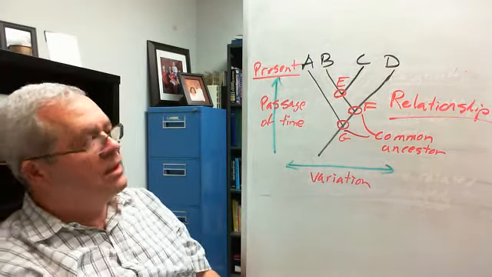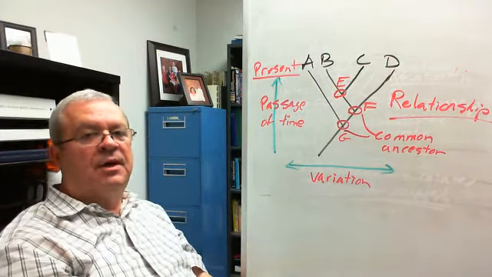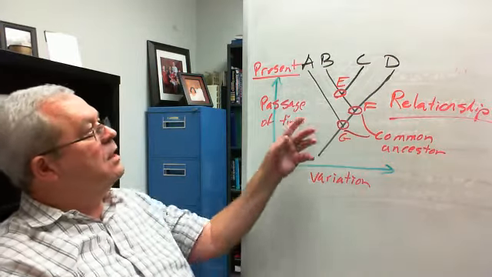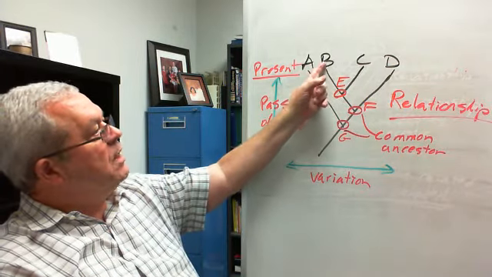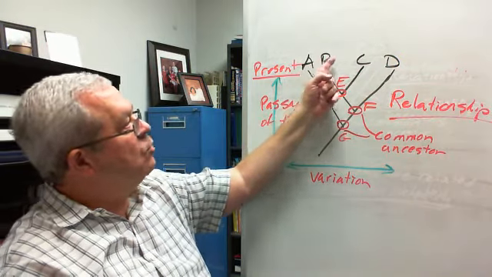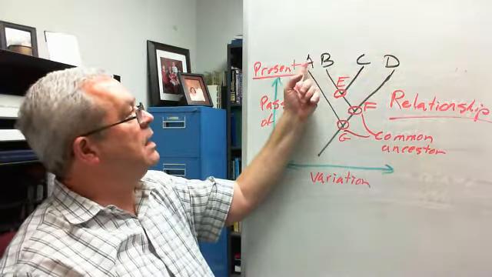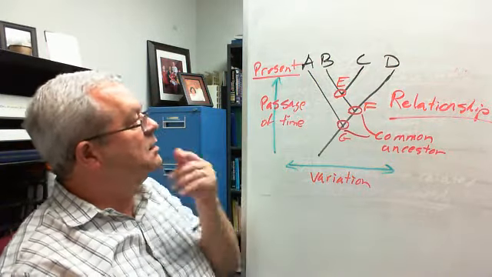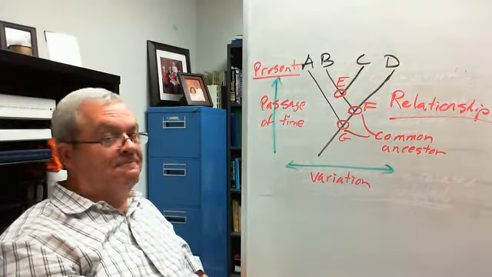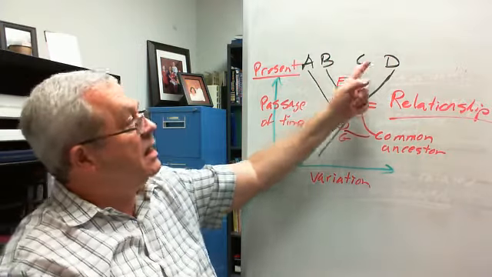And so we can look at this and figure out if this reflects real relationships. Who's most related? What else? For example, is B more closely related to A, or is B more closely related to D? Well, B and D are kind of close together the way I've drawn it, but which ones are more closely related? Well, B and D would be.